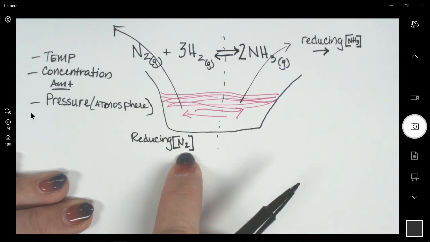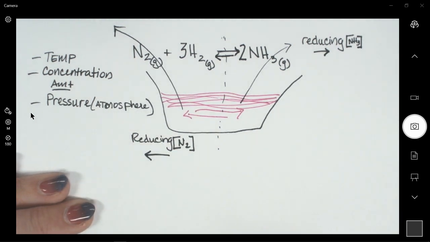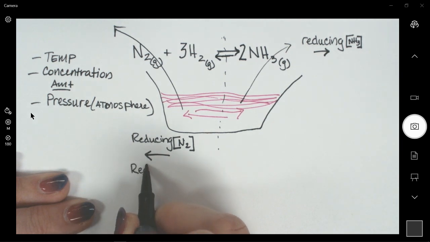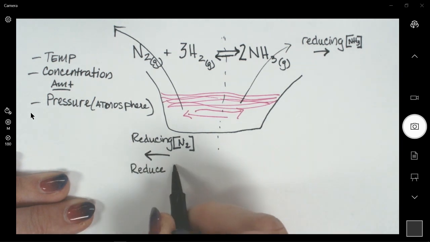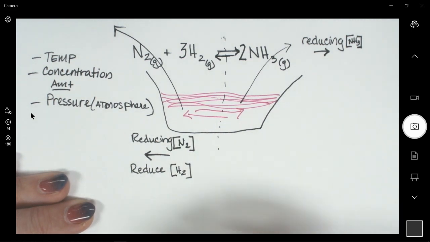Concentration of N2 shifts the equilibrium to the left. What about if I reduce H2? It also shifts to the left.